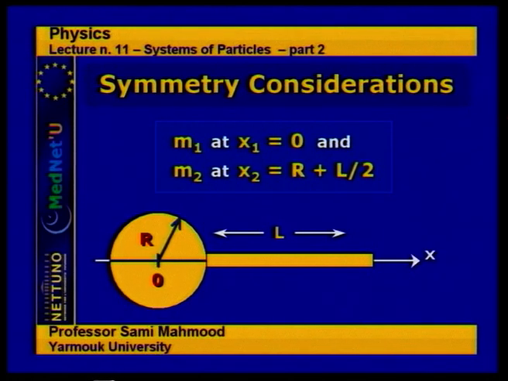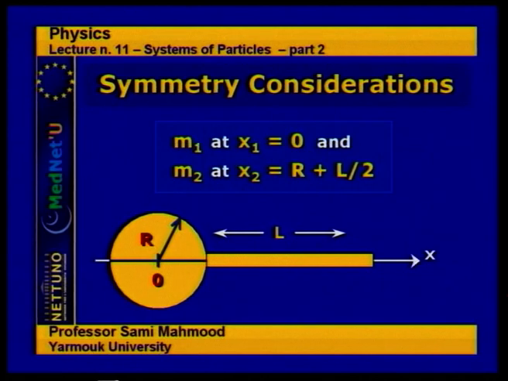Thus, relative to our reference point, which is the origin, the center of mass of the rod, which is x2, is located at a position x2 equals r, which is the radius of the sphere, plus L/2, because we are measuring the position relative to the origin.